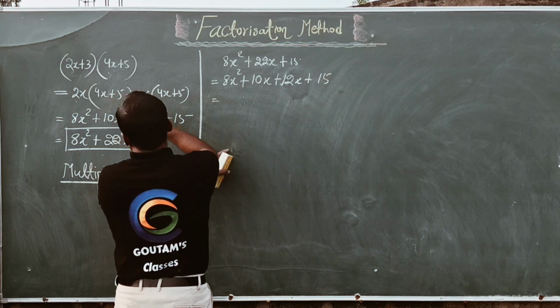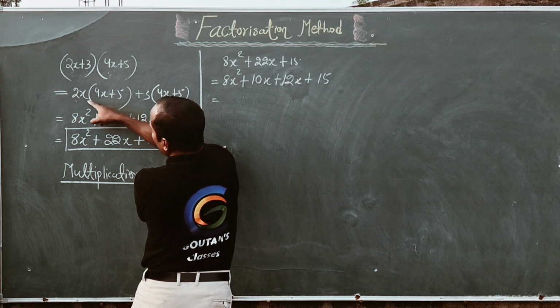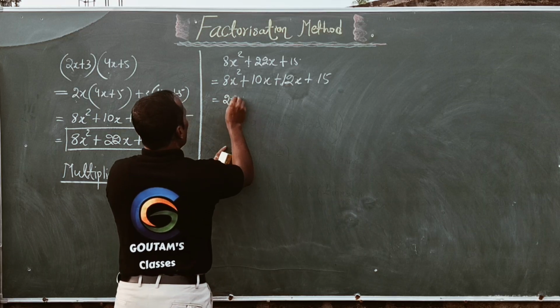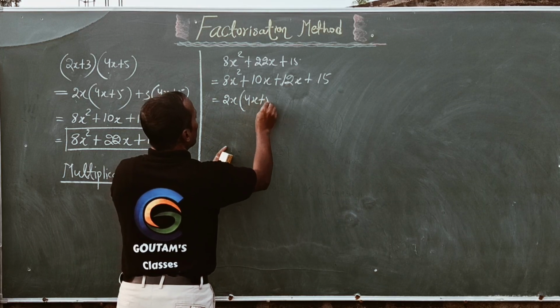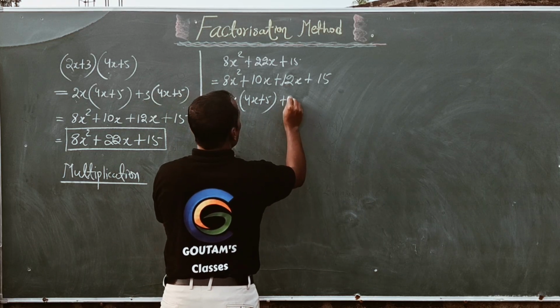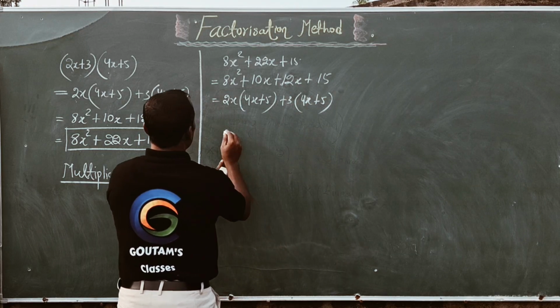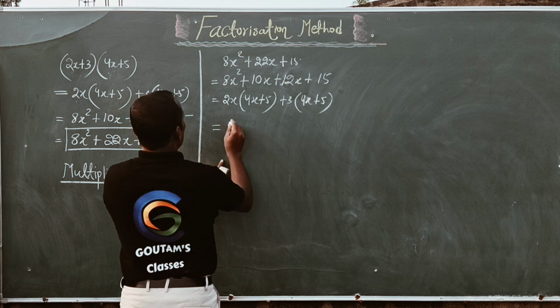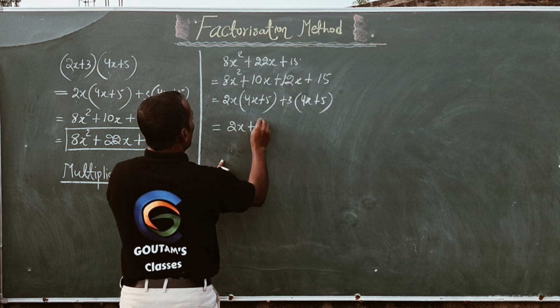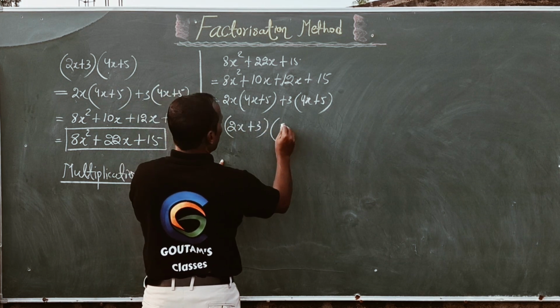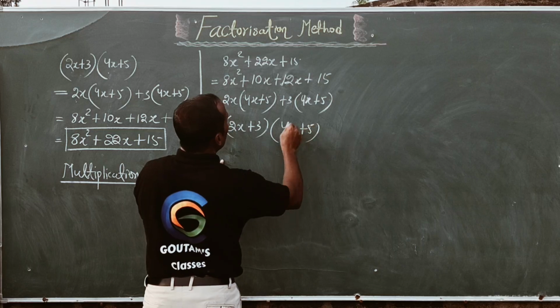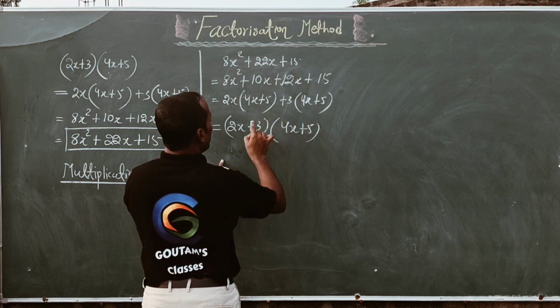Now the step before this step was 2x into 4x plus 5 plus 3 into 4x plus 5. Then the last step, which gives you the two linear polynomials. The factors of our quadratic polynomial 8x square plus 22x plus 15 are these two.